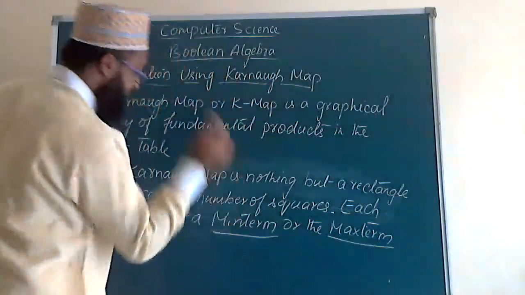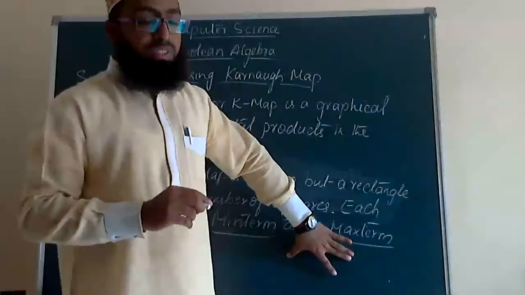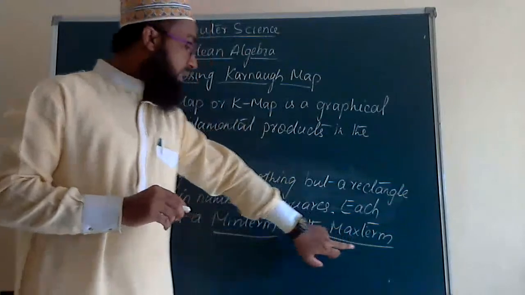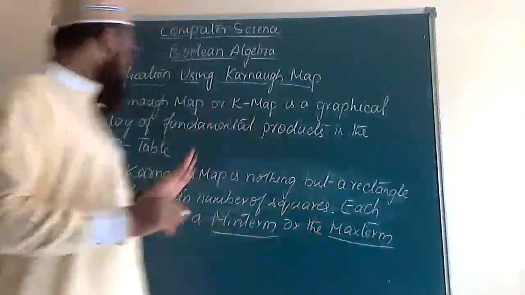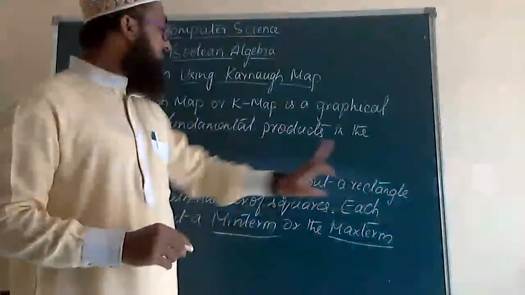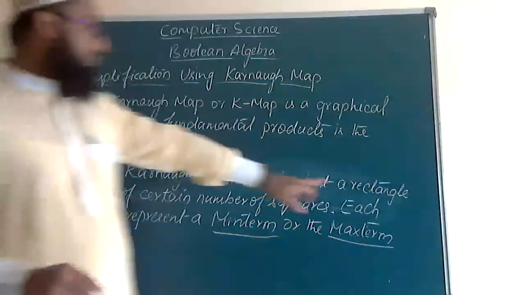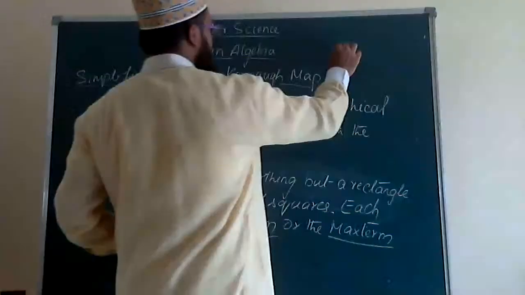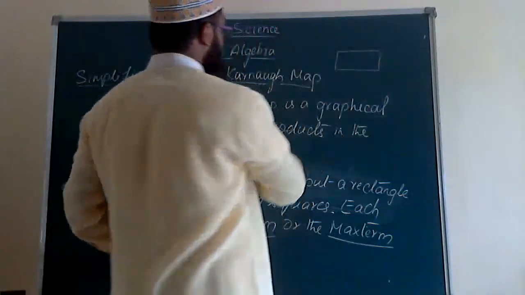See here. Karnaugh map completely depends on min term and max term. It is just a rectangle. You have seen the rectangle, it is like this, right?